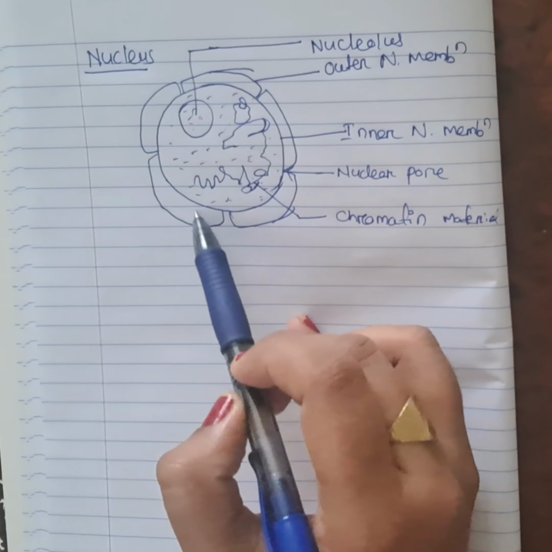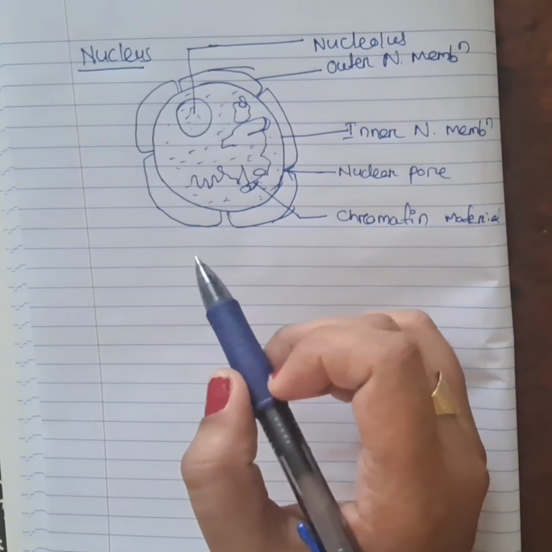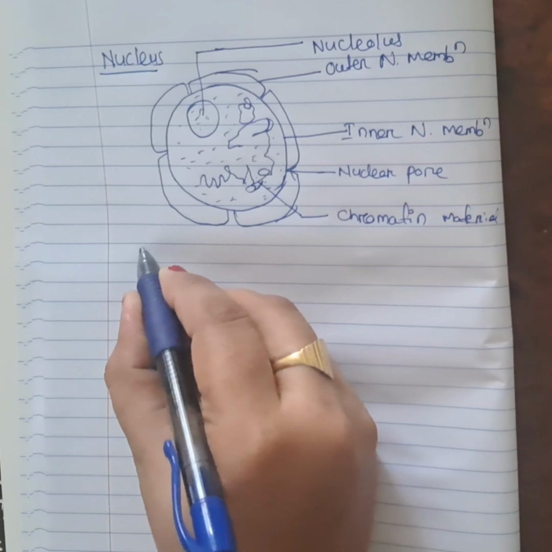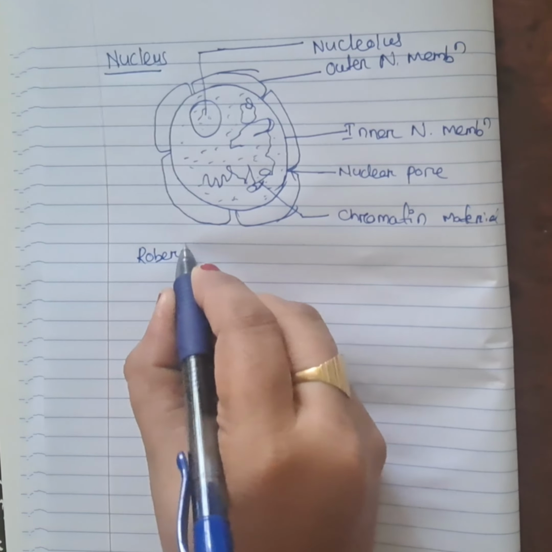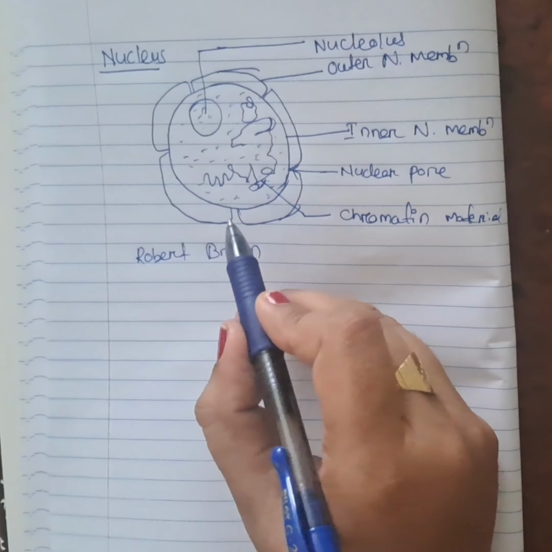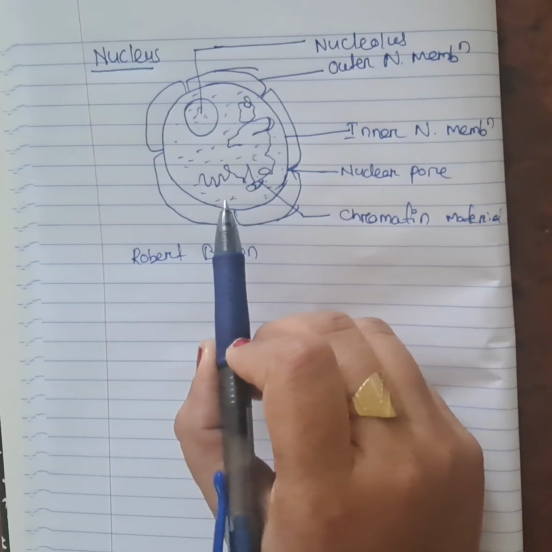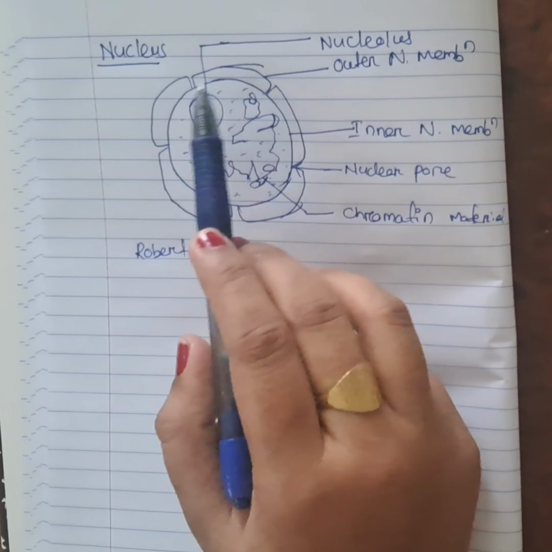Nucleus is an oval or spherical structure present inside the cell. It was first discovered by the botanist Robert Brown. It is also known as the director of the cell because it is responsible for controlling all the cellular activities.